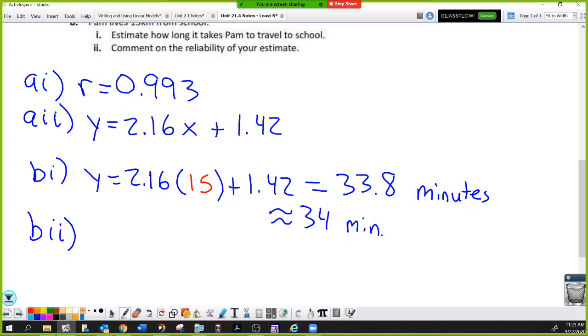And more than that, it's interpolation because 15 is well within the range of our X values. Our X values range from 1.3 all the way up to 23.5. So since it is interpolation and our R value is a strong R value, this is a reliable estimation. So we just basically write that in words.